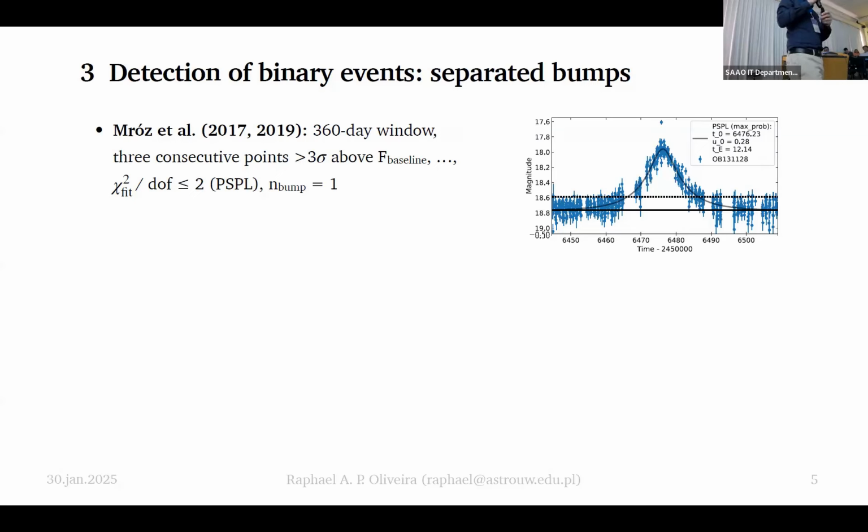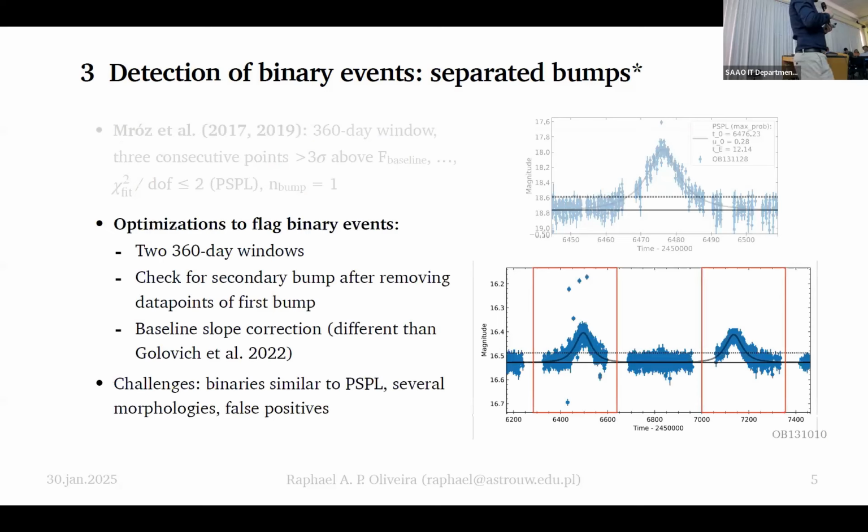Here is just an example of a selected event. And some optimizations that I do to detect these binary events is applying 2 windows instead of 1, because, for example, if you get an event like this, the window is here, and this other bump is accounted as the baseline, so it would be skipped.